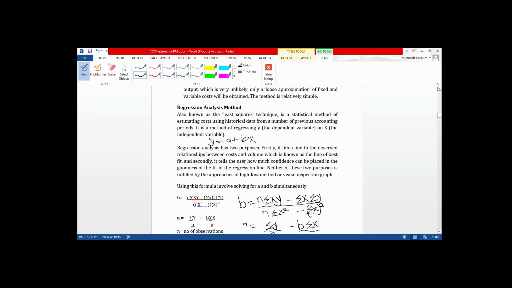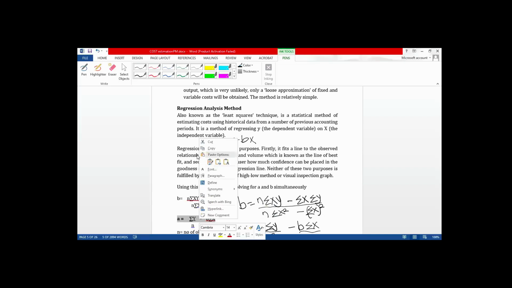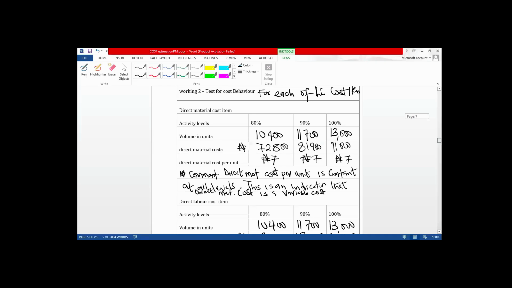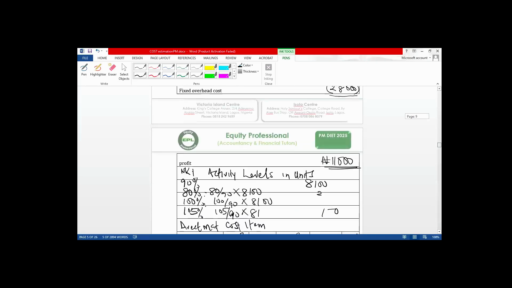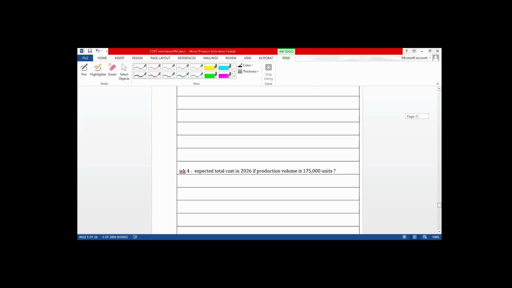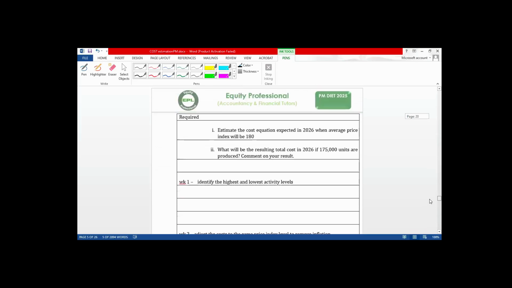To solve for A, let me pick these two. Let me copy this along. Let me bring the formula here too.